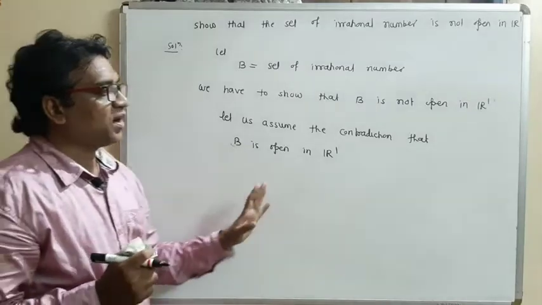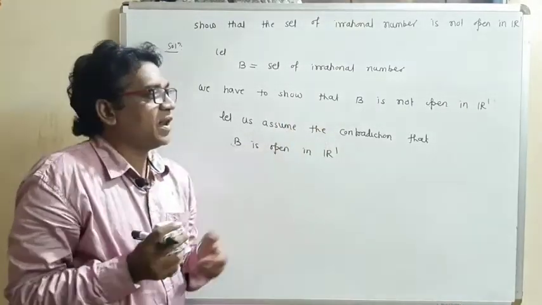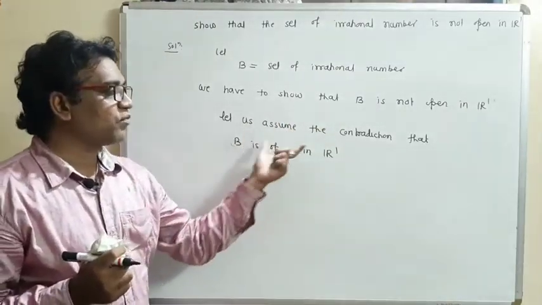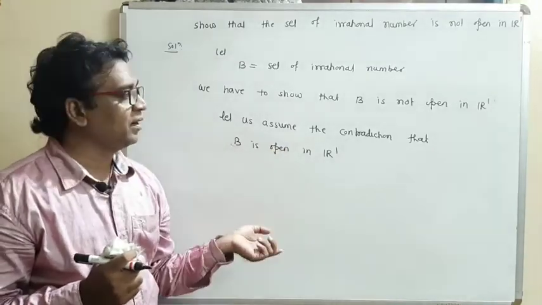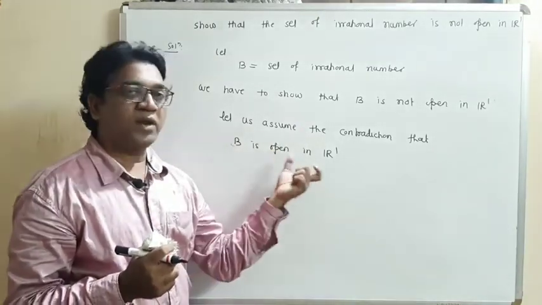We want to show that this set B is not open in R1, so let us use the method of contradiction. What is the contradictory statement? Suppose that B is open in R1.